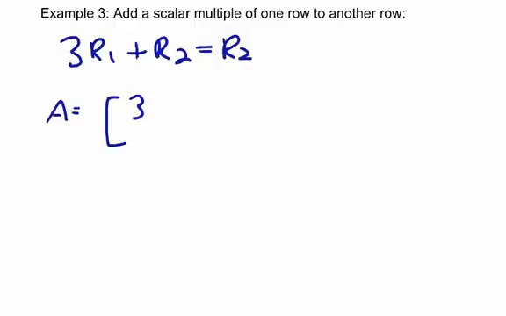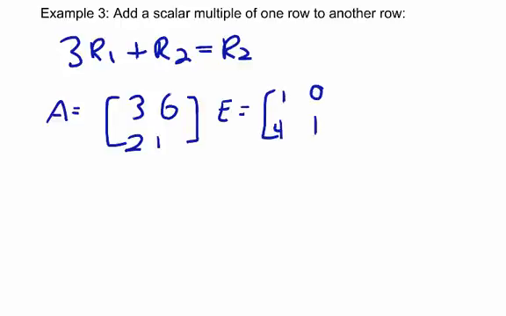Let's look at a third example. A is 3, 6, 2, 1, and elementary matrix E is equal to 1, 0, 4, 1.